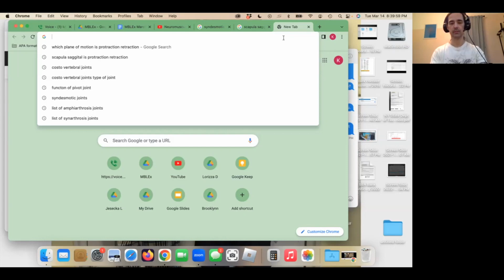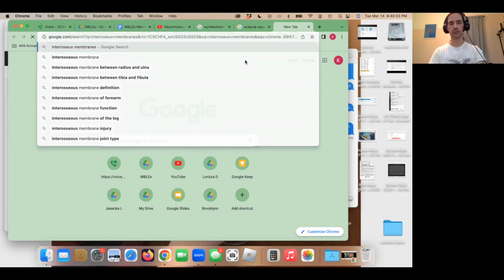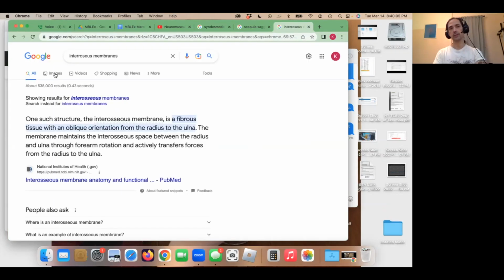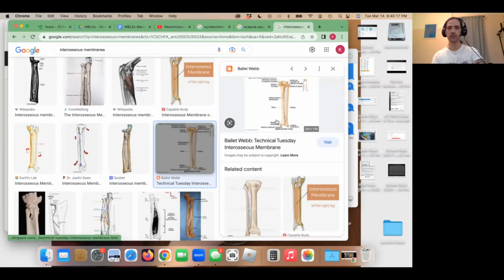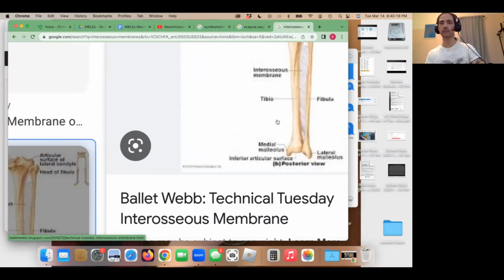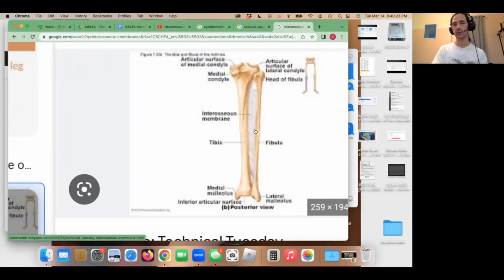Let's look at the interosseous membranes just for a second. Of the information that you're preparing, this is the lowest probability that you'll be asked, but if someone asks you, obviously you will need to know it. Between the tibia and the fibula, as well as between the radius and the ulna, there's this fibrous tendinous structure.